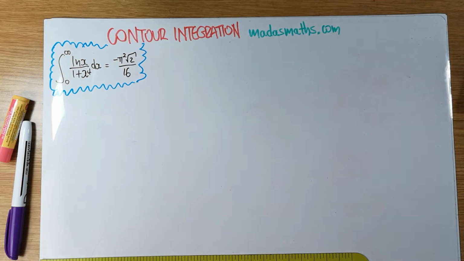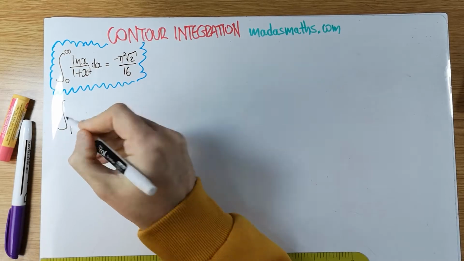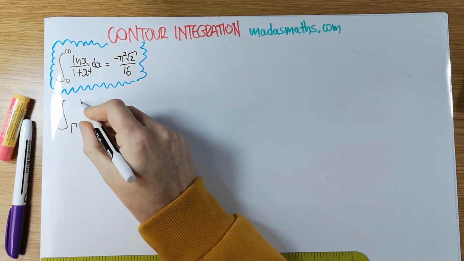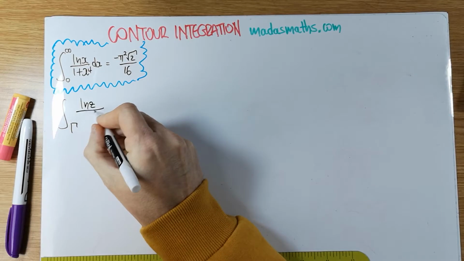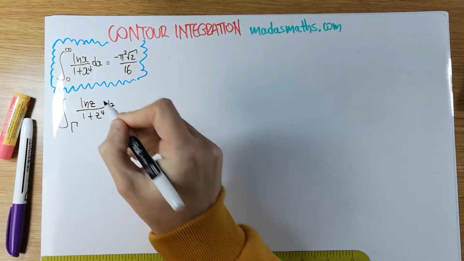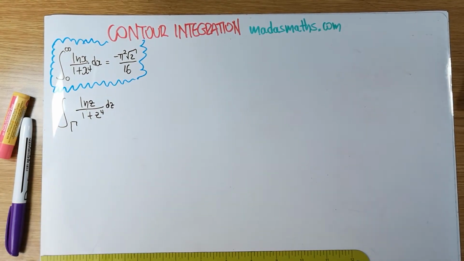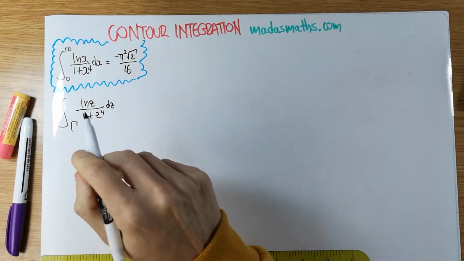Okay, as per usual with contour integration, we're going to consider the integral of log of z over 1 plus z to the 4 dz over a suitable contour. And it's worth noting, first of all, let's work out some residues.